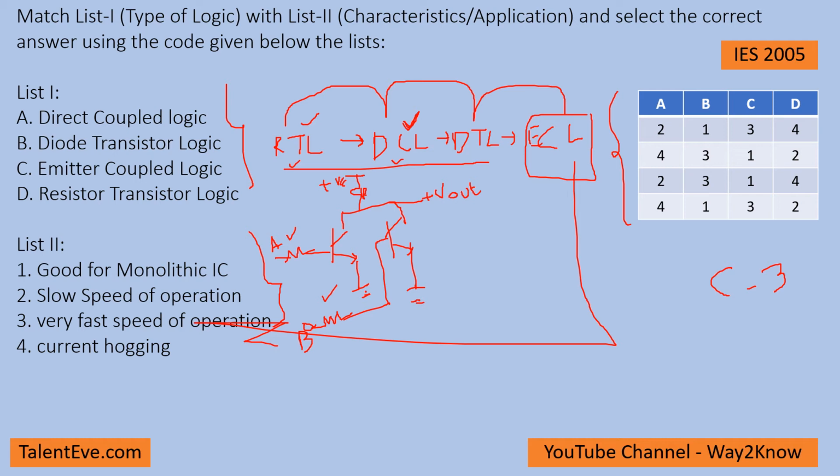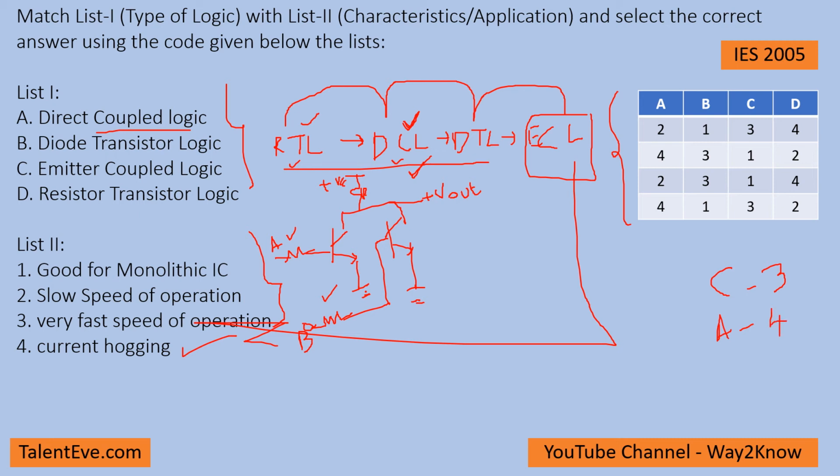So this particular condition where one transistor drives the entire current is called current hogging. There is more chance of this happening in DCL than RTL, because RTL has a controlled VBE. DCL will have this issue. That means A shall be mapped to 4.